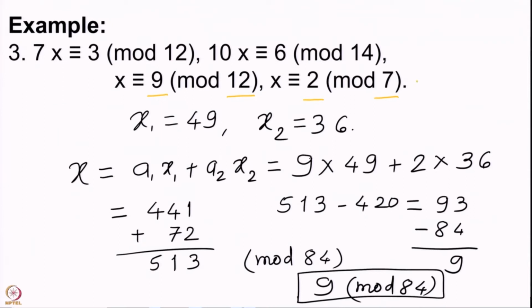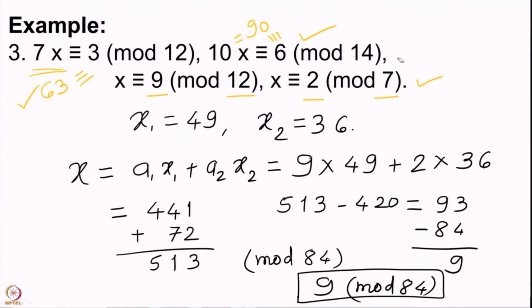But this is about this congruence. What about this congruence? When I multiply 9 by 7, we get 63, which is indeed 3 mod 12. So this is alright. And when you multiply 9 by 10, you get 90, which is also 6 modulo 14. So this is also okay.